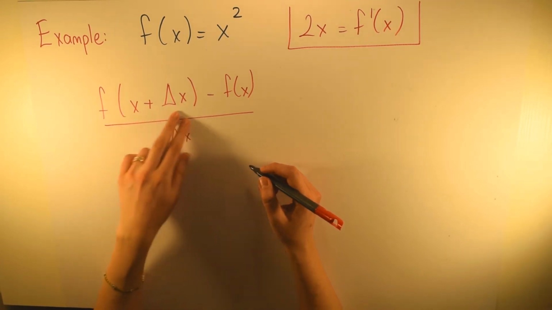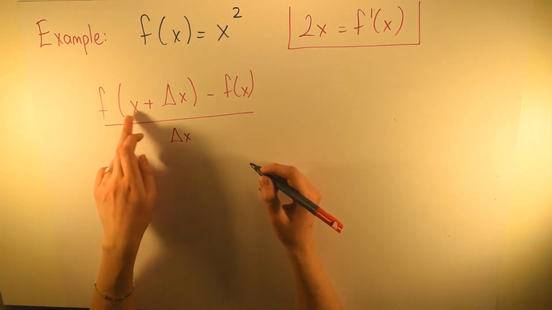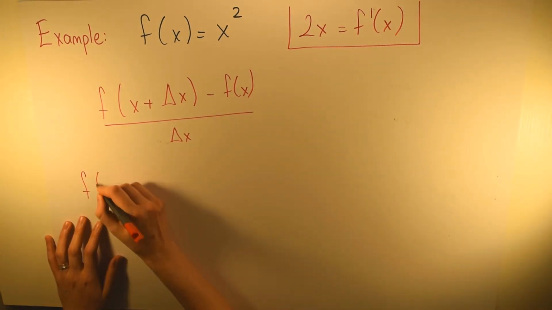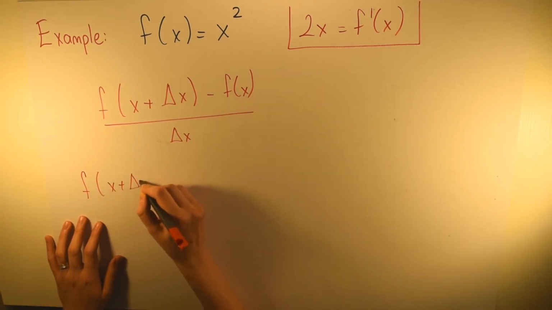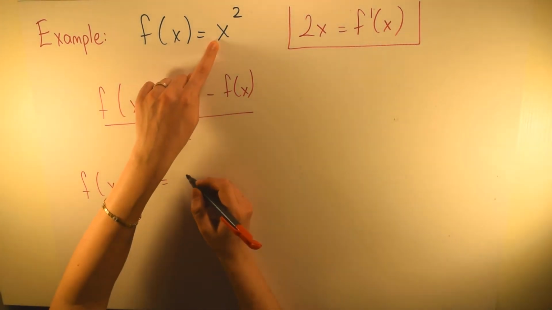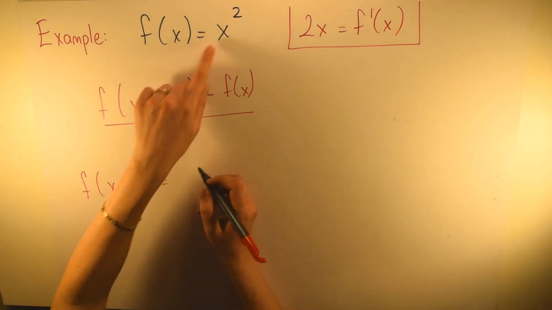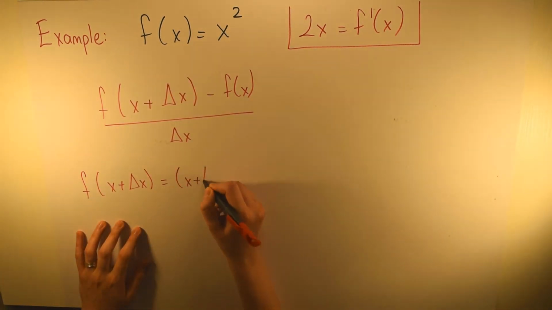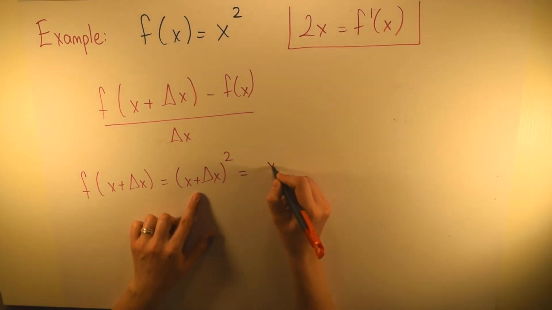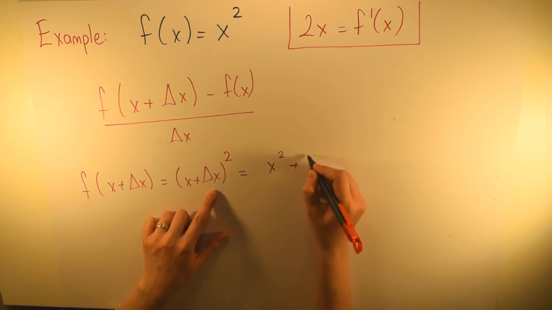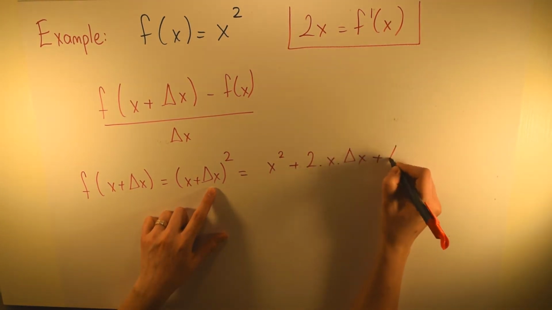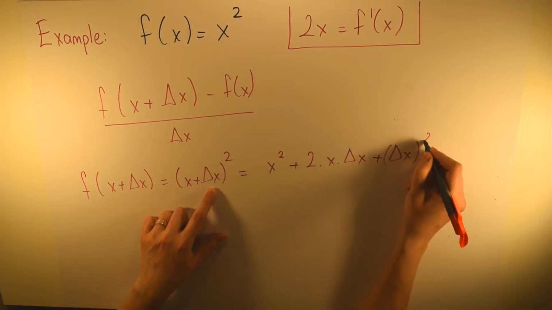And now we can find the value of f of x plus delta x. So how can we write this? f(x plus delta x) is equal to, we put here x plus delta x instead of x. So it's x plus delta x squared. This is equal to x squared plus 2 times x times delta x plus delta x squared.